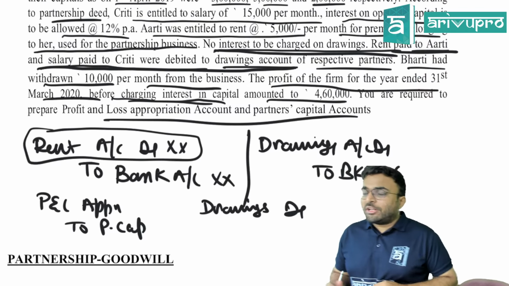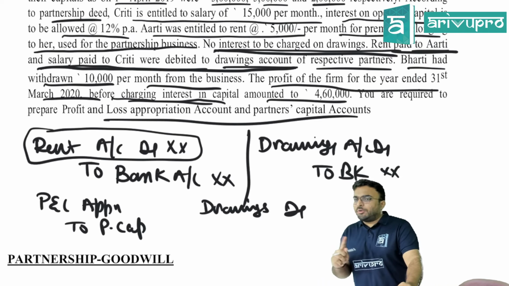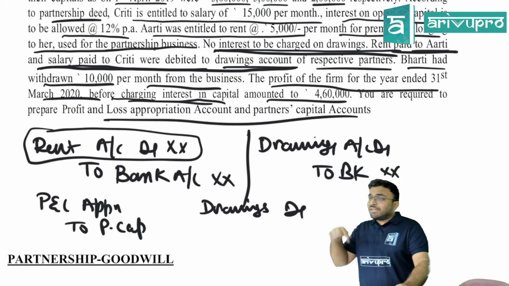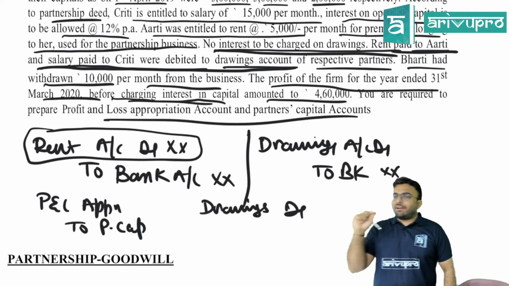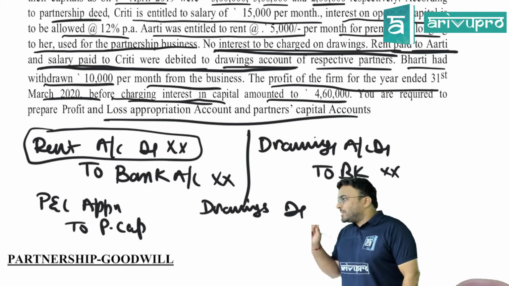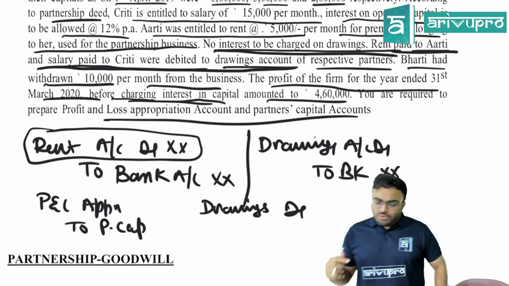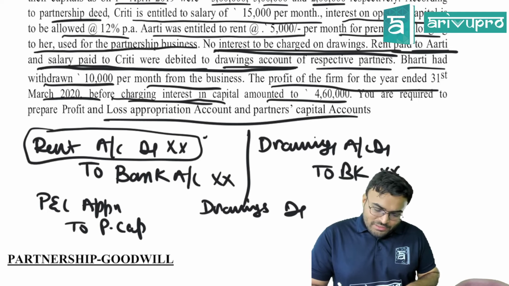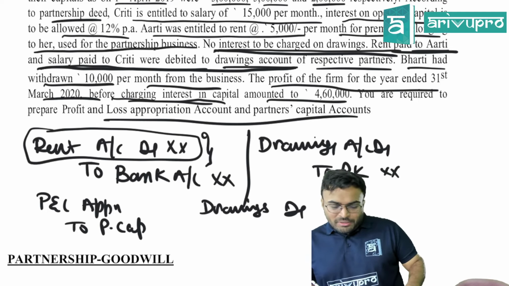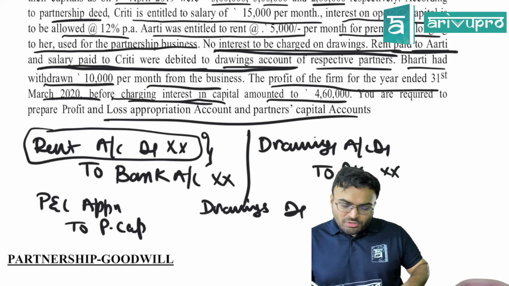Why should we remove rent? Actually, rent paid to partner will not come to P&L appropriation. But this time it will come just because of the error. So what we can do, instead of putting it to any partner's capital account, how much is the rent? 5,000 per month, no? 60,000.